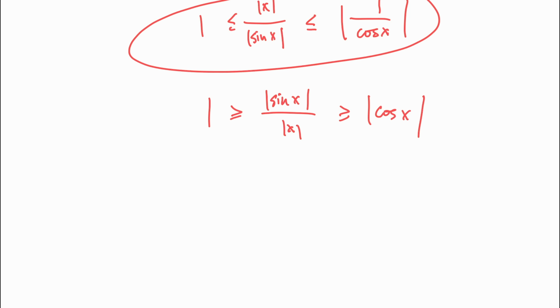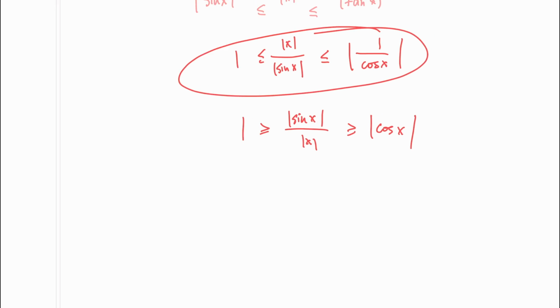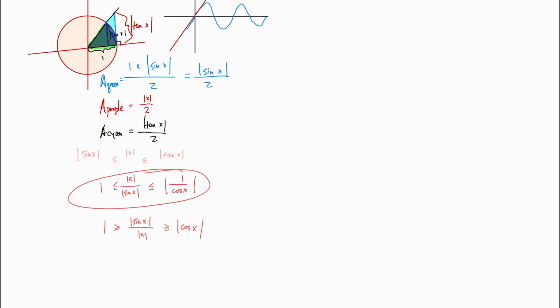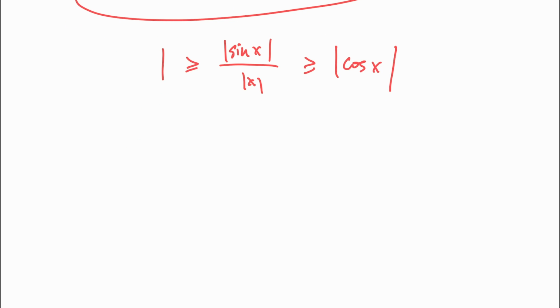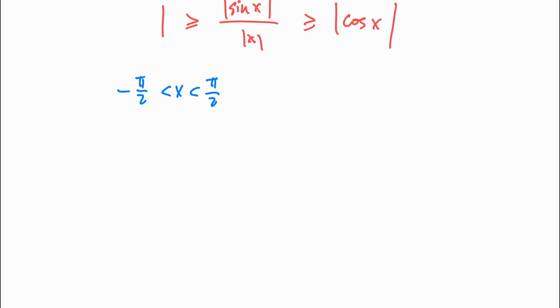And we want the first and fourth quadrant only. So this portion only, and we know some basic range of it. Some basic range would simply be x from negative pi over 2 to positive pi over 2, so first and fourth quadrant.